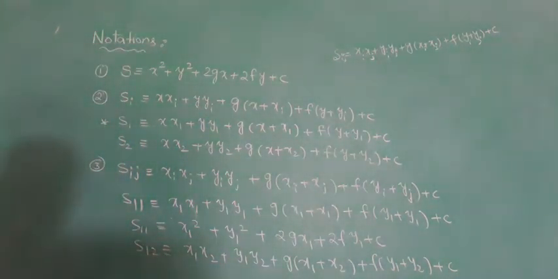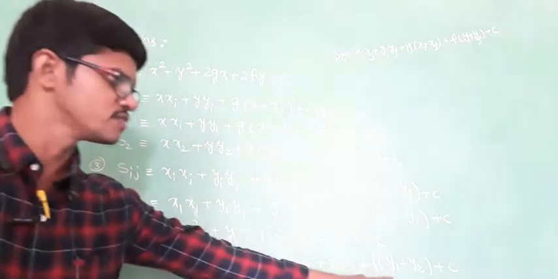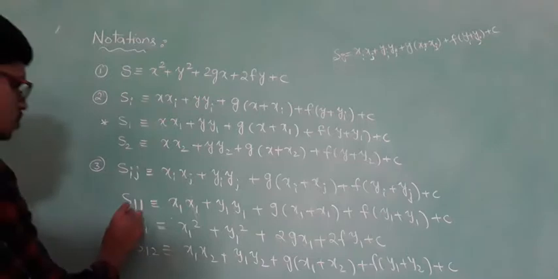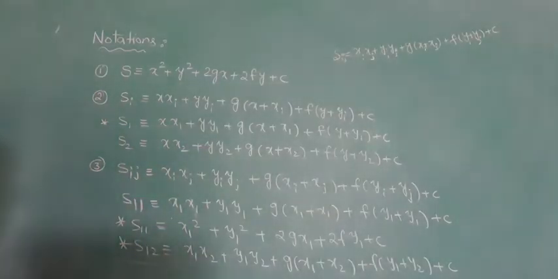Here i is 1 and j is 2, so substitute: x1 x2, y1 y2, g into x1 plus x2, f into y1 plus y2, plus c. These two are very important. We are using these two notations in the problems.